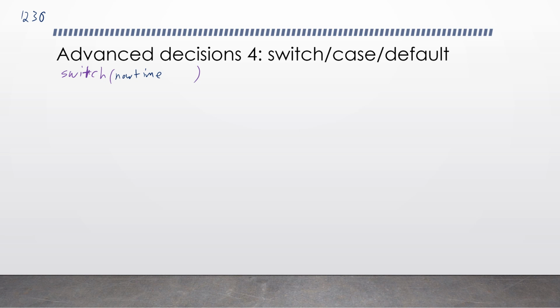I'm going to take now time and divide by 100. It's an integer, so dividing by 100 lops off the 30, and what I've got left is this 12. So that's what I'm going to be switching on, is now time over 100.